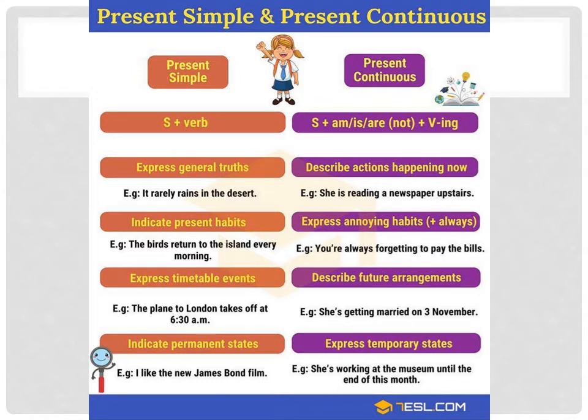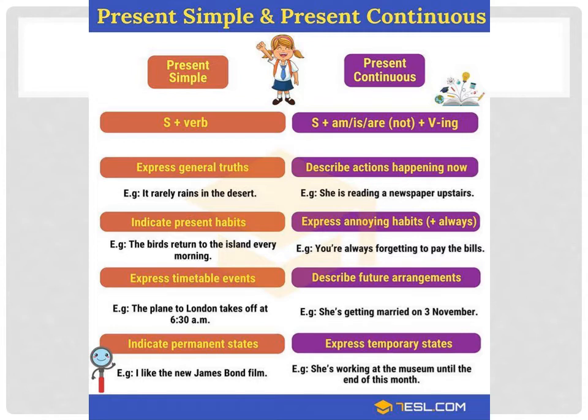You walk, they walk, we walk. As you can listen to me, there are subjects that have S and there are subjects without S. So for present simple, you just need to identify if the subject is singular, you put S after the verb, and if the subject is plural, you don't have to put S after the verb.